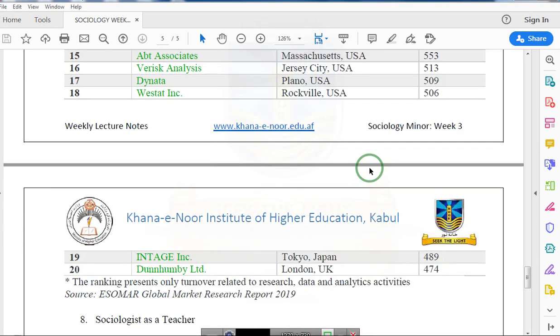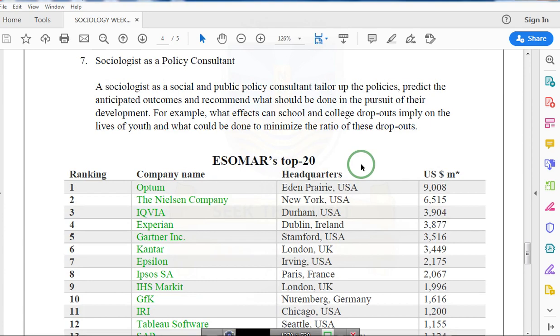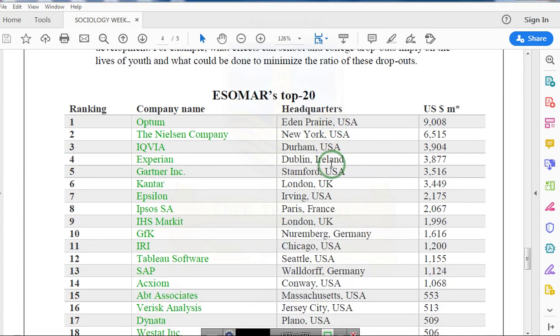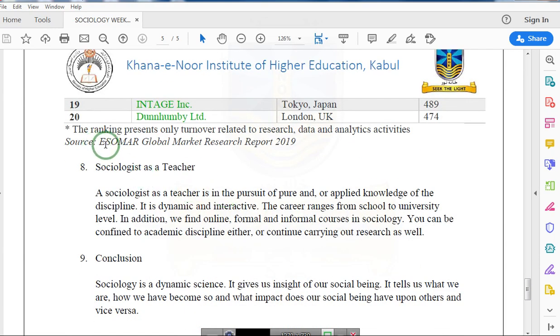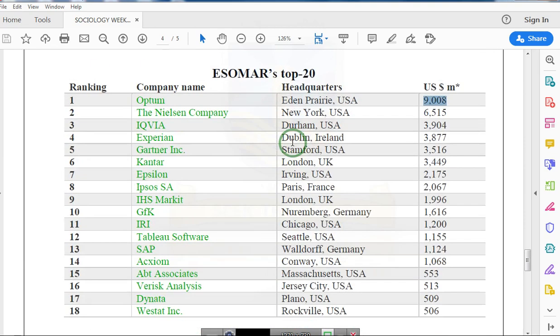Here, there is a table of the top 20 Isomer social consulting firms. Research is an industry and a profit-making enterprise. These are the top 20 world brands in social consultancy. And if you go through the turnover that they have, from Isomer's Global Market Research Report for 2019, the turnover is 9,008 million US dollars per annum.